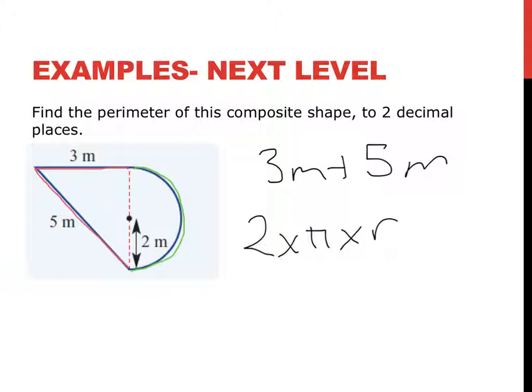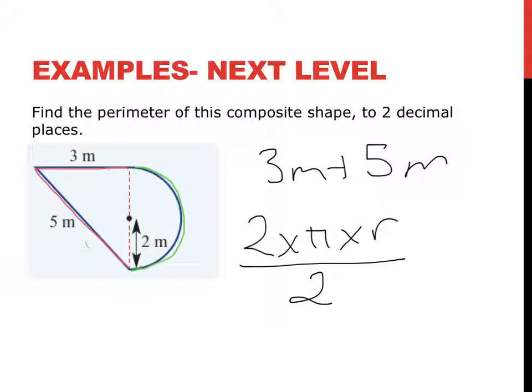I don't want the whole circle. So all I have to do is 2 times pi times r, and then divide that by 2. That 2 pi r will give me the whole circle, and if I divide it by 2, I'll only be working out the half that I need.